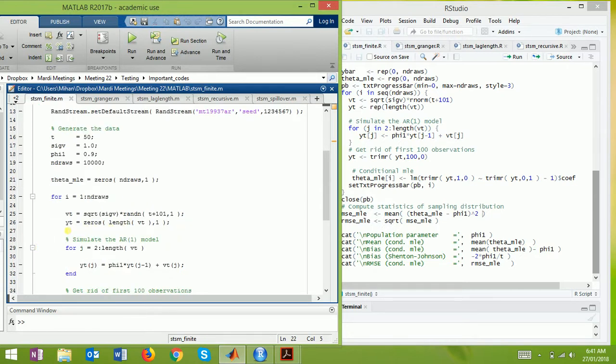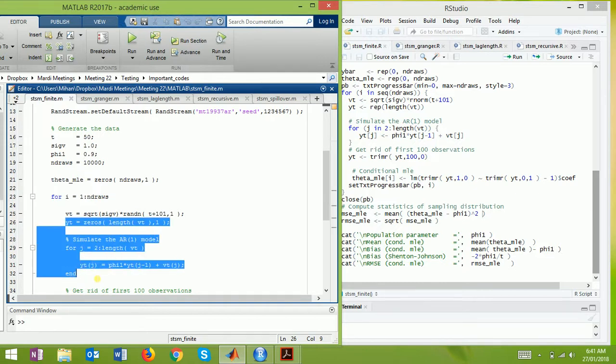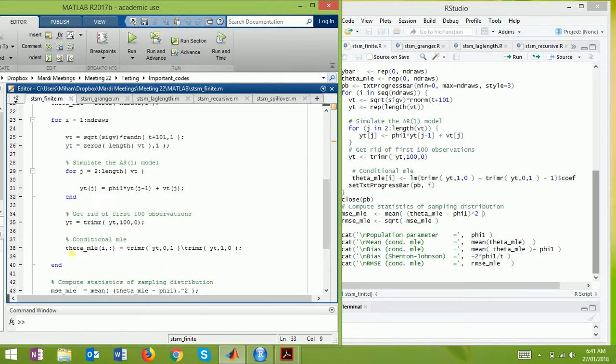Just forget about it. Then with the residuals, in a regular loop, we generated y.